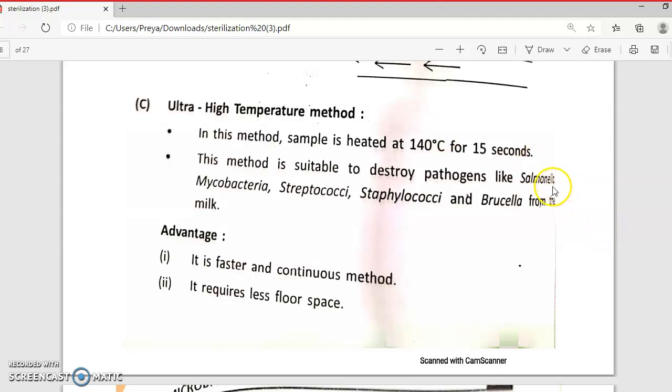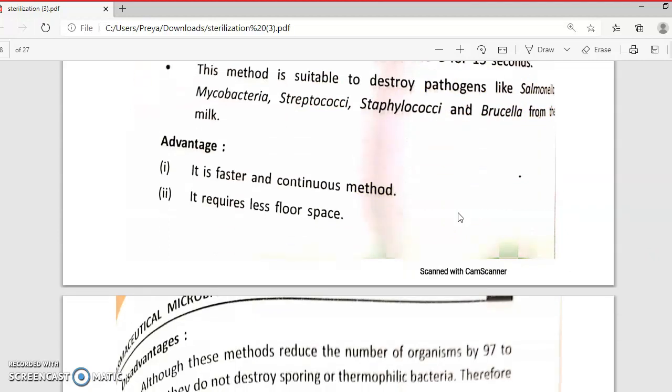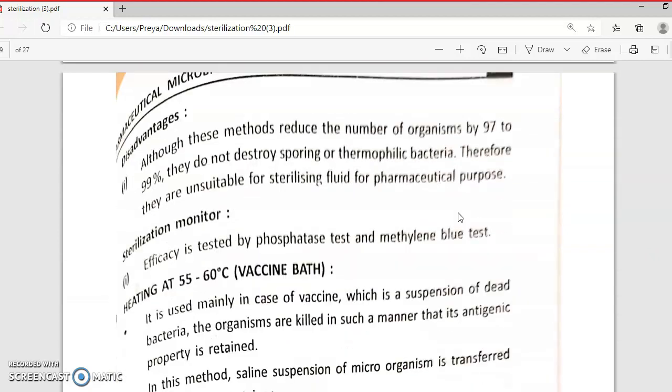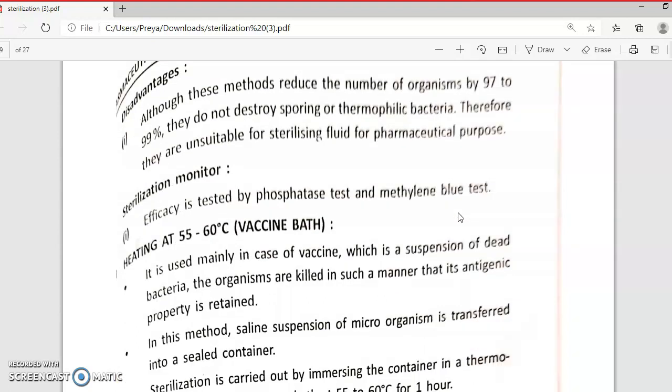Suppose Salmonella typhi, then Brucella, these organisms cannot be killed below 100, right. So for that this technique is used, a faster and high temperature method, that is called the ultra high temperature method, which is operated at 140 degree for 15 seconds, okay, so that we can destroy this type of pathogens which are heat resistant, okay. And it is a fast method and continuous method. Clear?